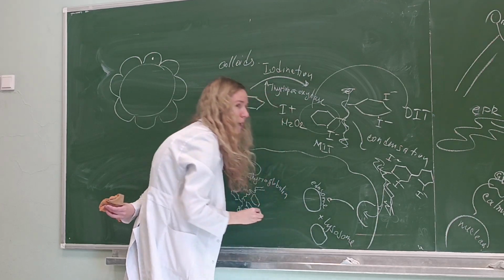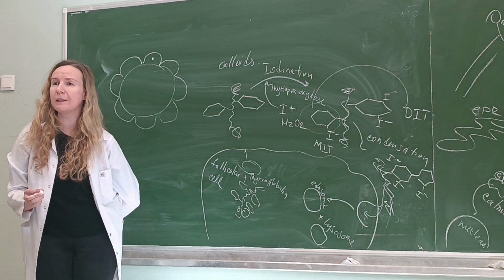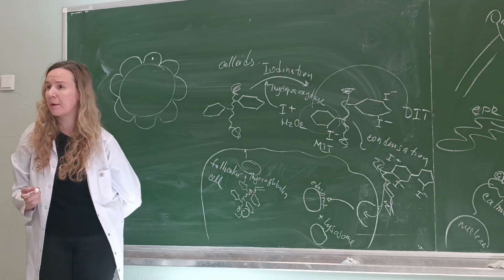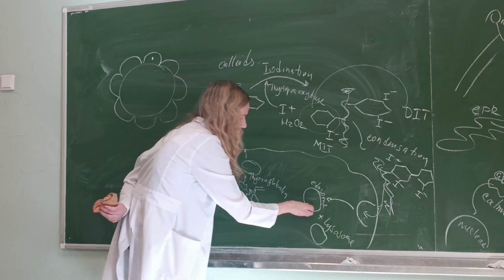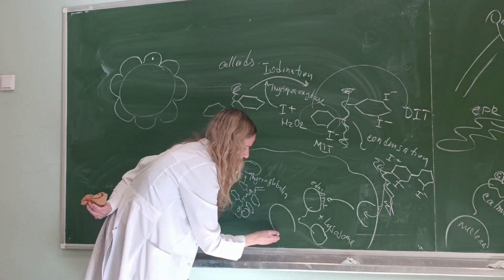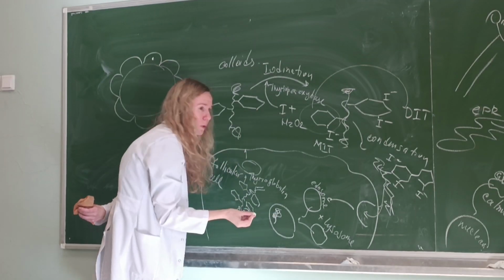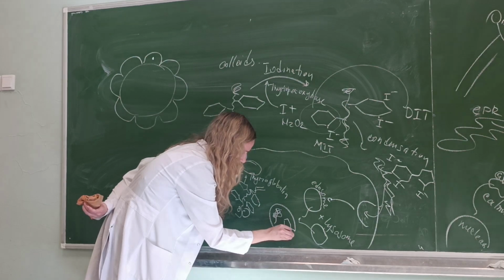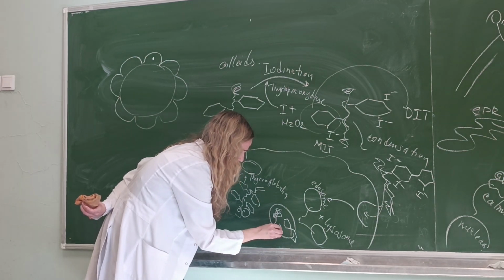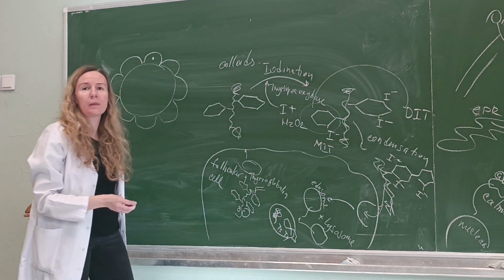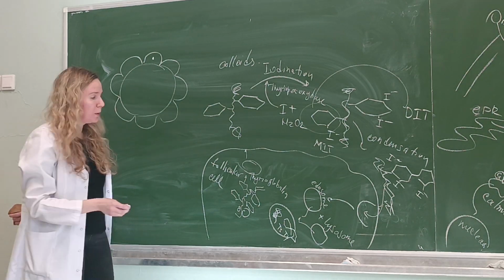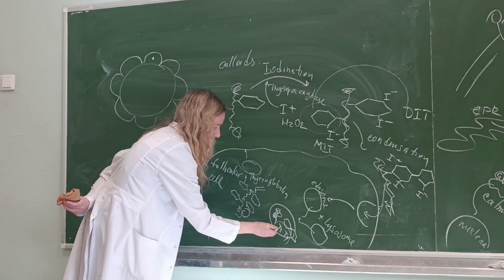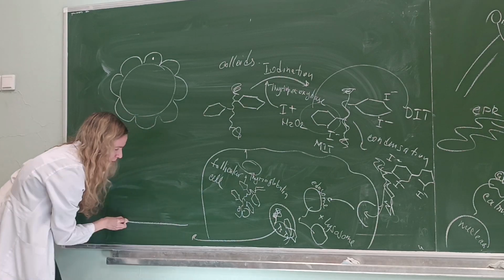Do you remember that lysosome is the organelle which contains a lot of hydrolytic enzymes? And these hydrolytic enzymes will cut the protein part and free our hormones, so T3 or T4. After it, we will release these T3 and T4 into the bloodstream.